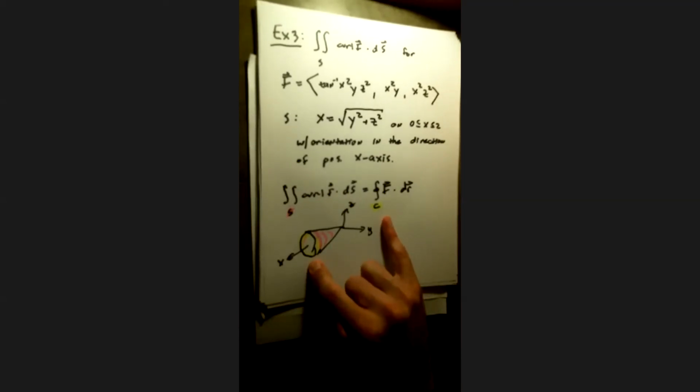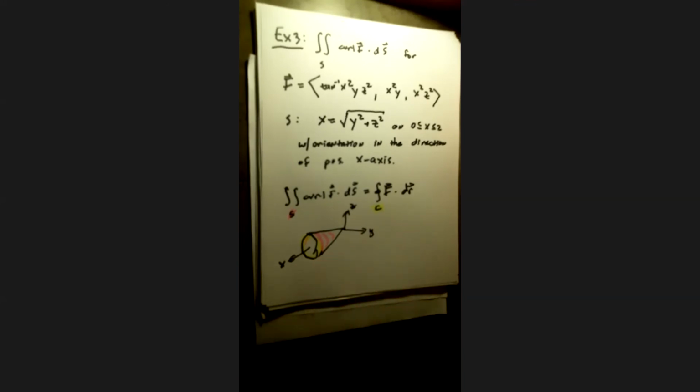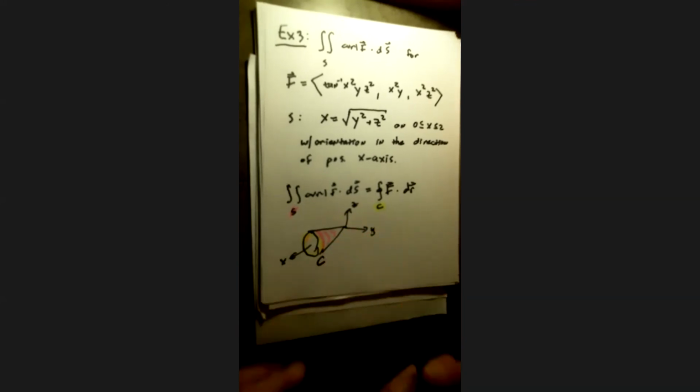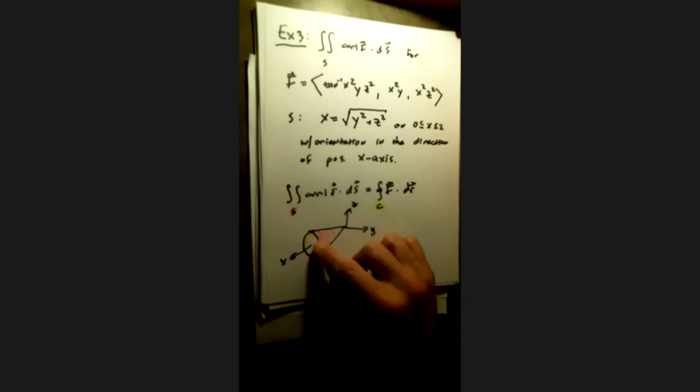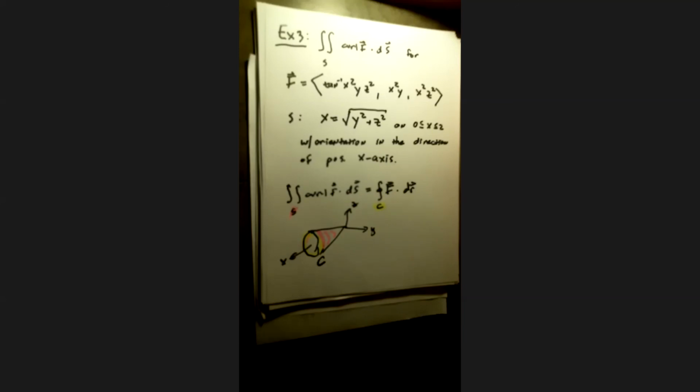Okay. Since this yellow curve is here, we need to make sure we have the right orientation: which direction are we going to go around that yellow circle? Do you want to travel around that circle counterclockwise or clockwise? How do we know? One answer could be look at my notes. What did you say, Vu? The question gave us.